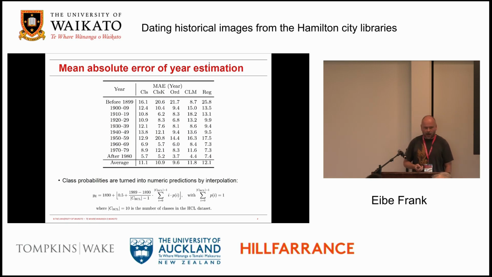For classification and ordinal classification models, you might wonder how we came up with numeric estimates, because we only have probabilities for the different decades in that case. We used a simple interpolation method, and the formula is given there, to turn the probability estimates for the different decades into a numeric target. Okay, so this is mean absolute error.